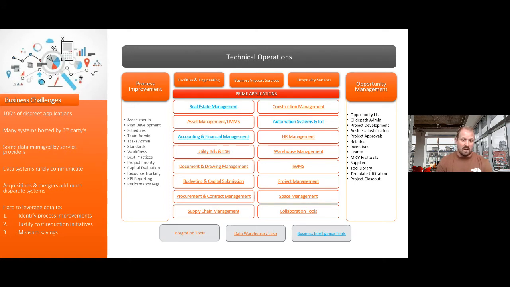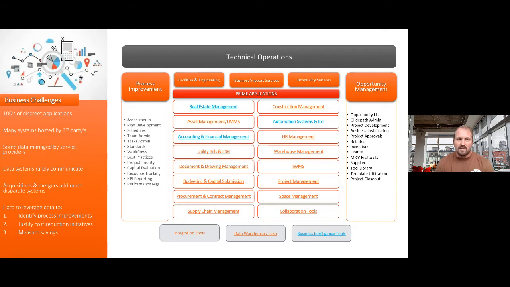You may have many CMMS systems or many ERP systems because of this type of activity. Many of these systems are not hosted by the organization, so they're hosted by third parties. Many of them may be service providers that you outsource your laundry or your food services to. That data and the performance of that service line is now held within the system of that service provider.